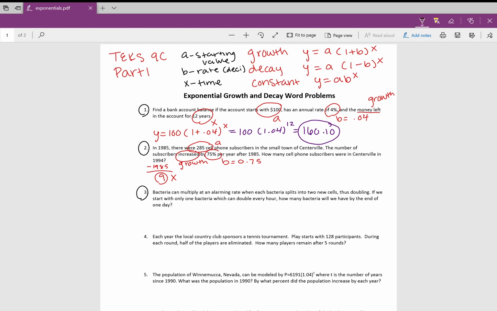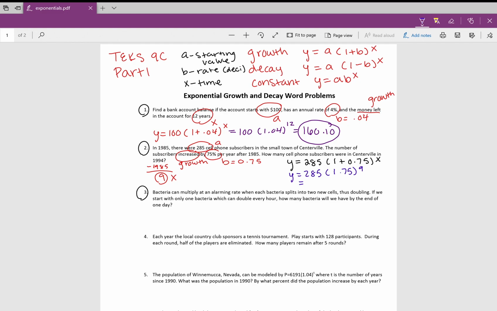Since it's a growth, y equals 285(1 plus 0.75)^x. Then to find my answer, I plug in x. So y equals 285 times 1.75, because I added those together, to the power of 9.